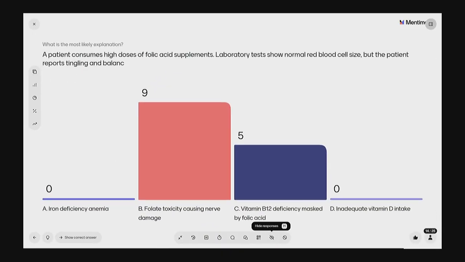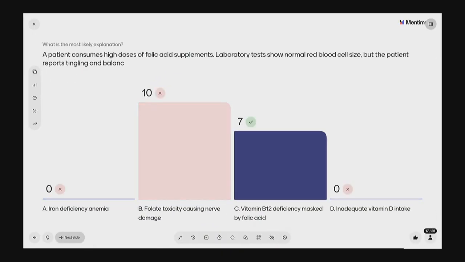Okay, so let's see what people have. We had quite a number of people talking about folate toxicity. But if you recall from yesterday, we talked about vitamin B12 deficiency leading to neurological damage.